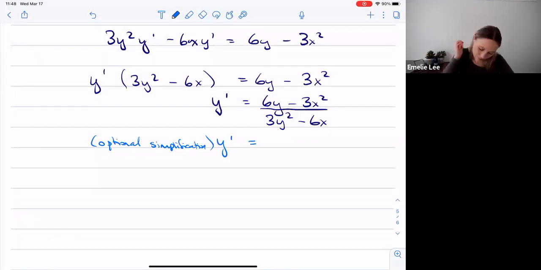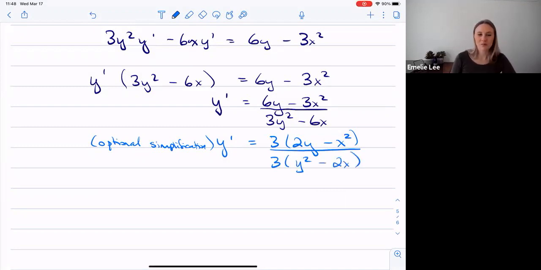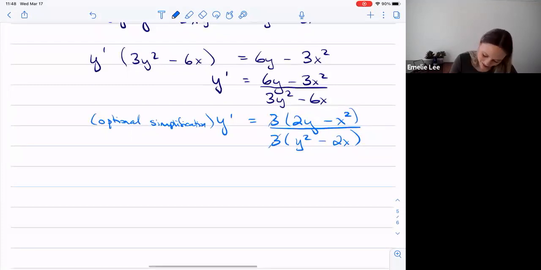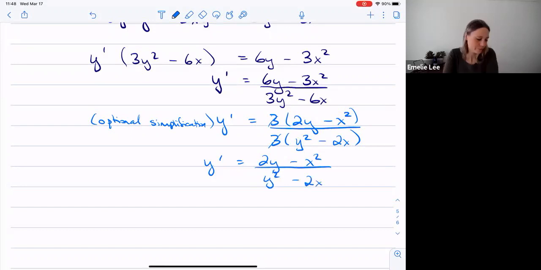So y prime is 3 times (2y minus x squared) over 3 times (y squared minus 2x). Having a hard time dividing by 3 today. So then these 3's I can cancel. So I have y prime is 2y minus x squared over y squared minus 2x.